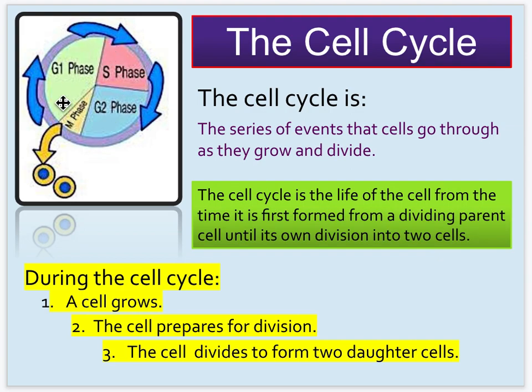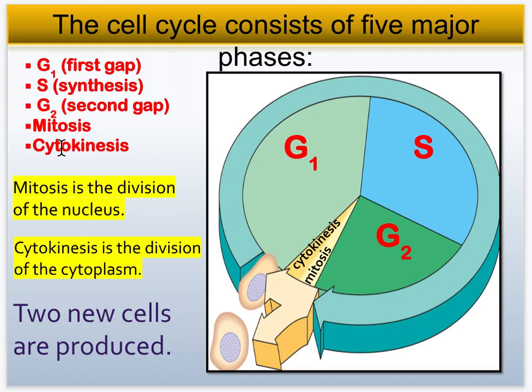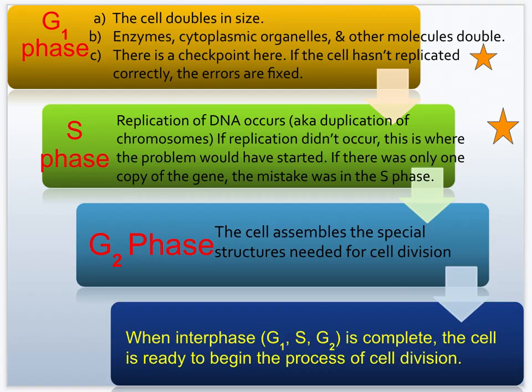The cell grows, it prepares for division, and it will eventually, as part of mitosis, divide and make the new daughter cells. So here are the major phases: G1, S, G2, mitosis, and then cytokinesis. Mitosis is the division of the nucleus, and cytokinesis is the division of the cytoplasm and all the cell parts.